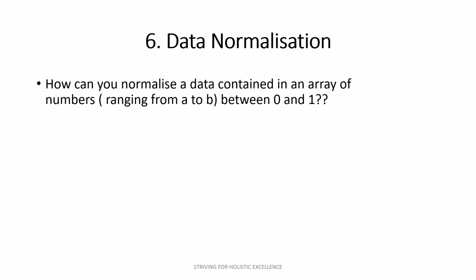We are trying to rescale the values from A to B to between 0 and 1. For example, if you have some data between 15 and 25, how can you rescale it to between 0 and 1? Let's see how you do that.